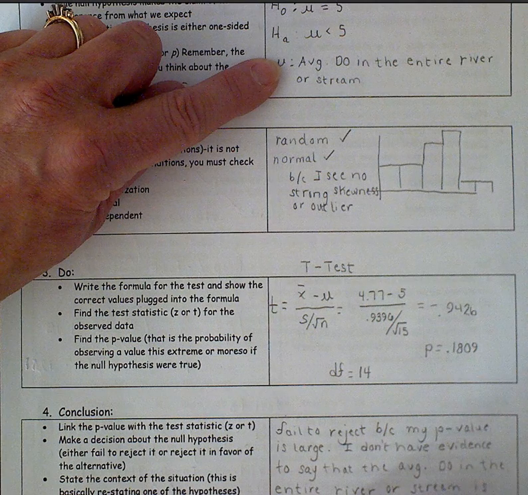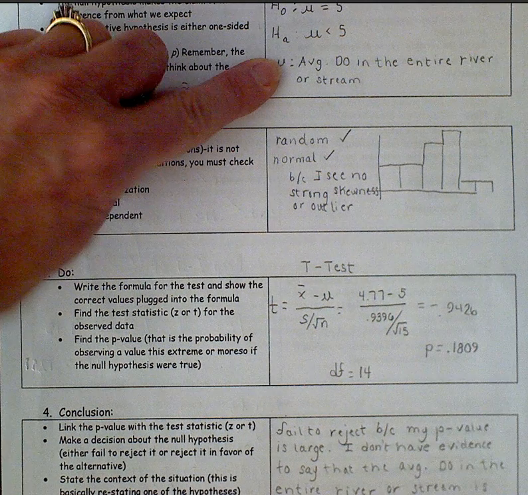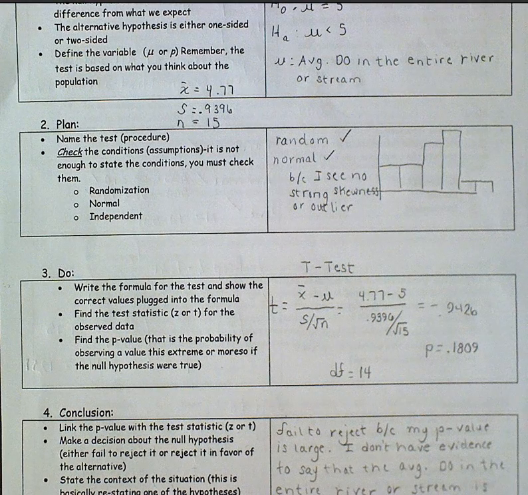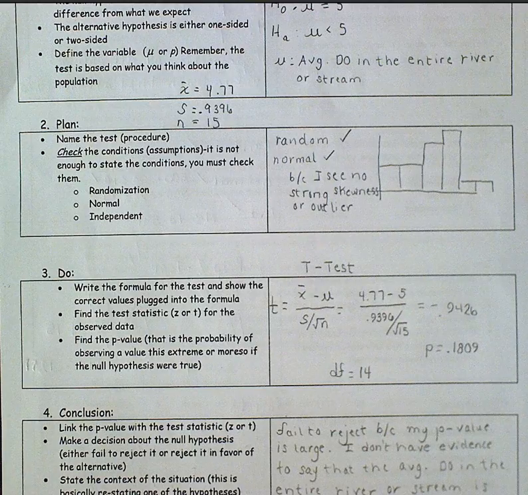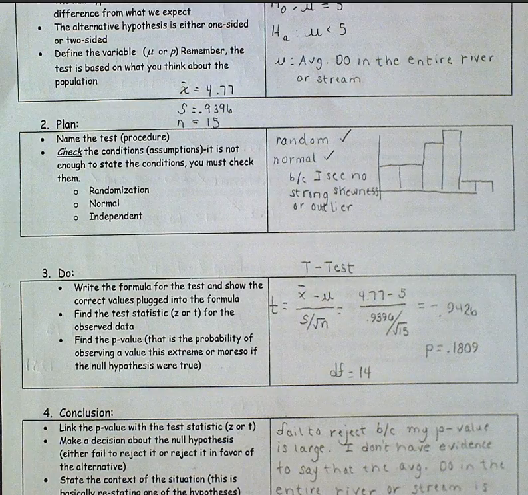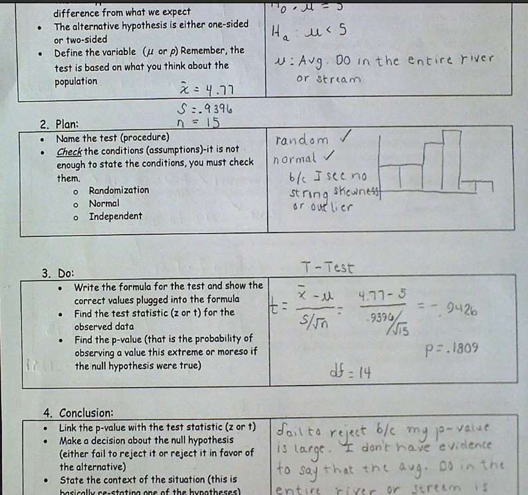And there's your conclusion. There's your first full-fledged 4-step hypothesis test about a claim made about a population mean.